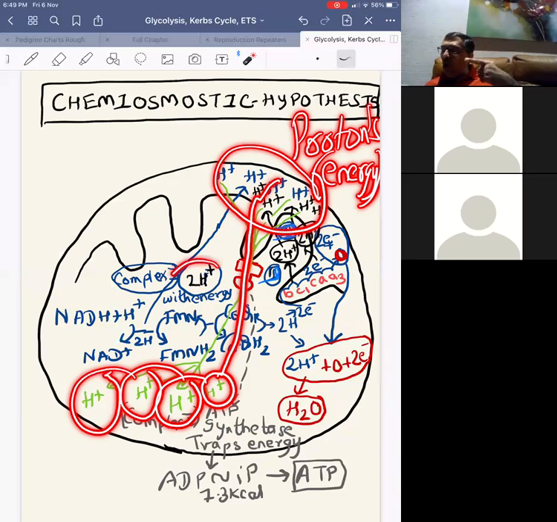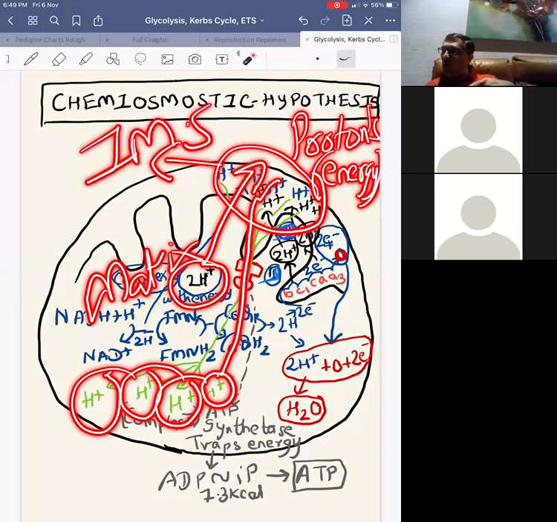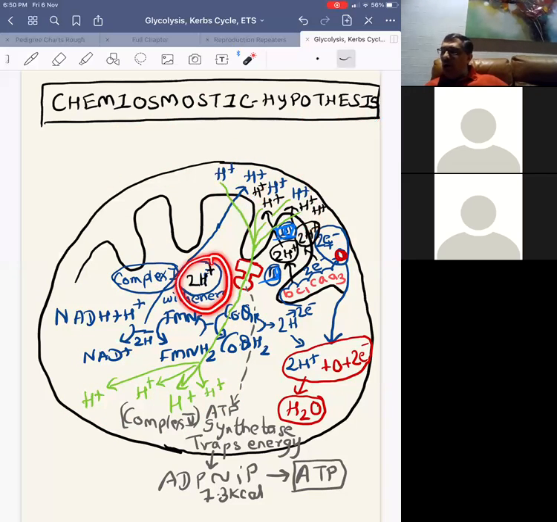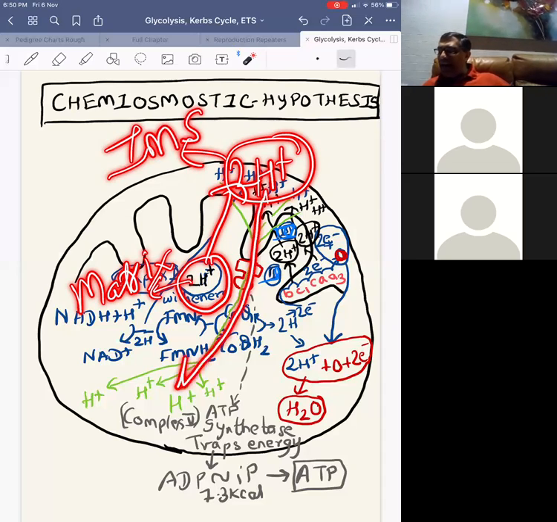Proton had gone from matrix into intermembranous space. So now, where will protons go? From intermembranous space back into the matrix.